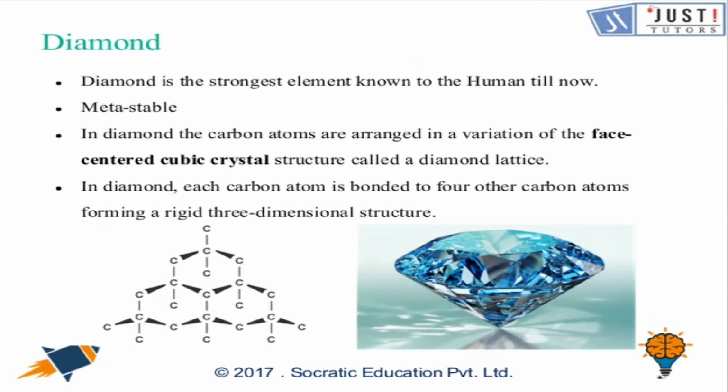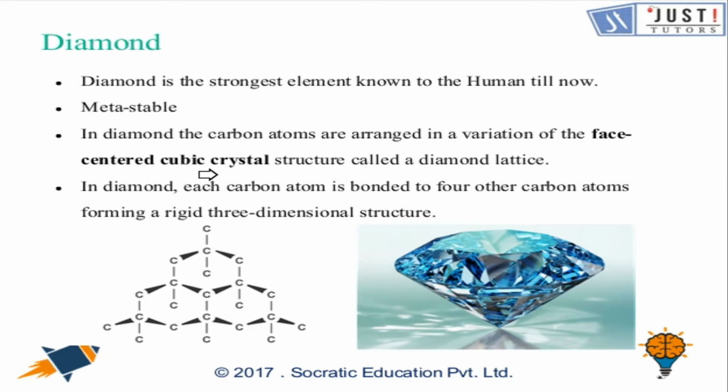Diamond. Well, we all are aware that diamond is quite expensive. But one more fact: diamond is the hardest natural substance known to humans till now. Why is it the strongest?